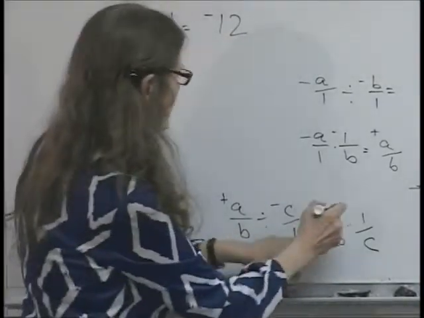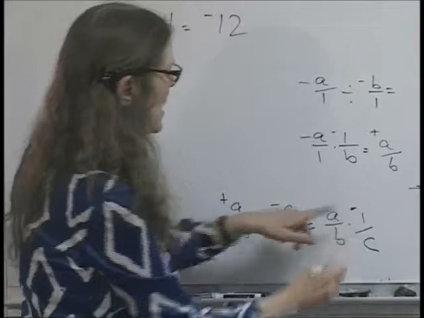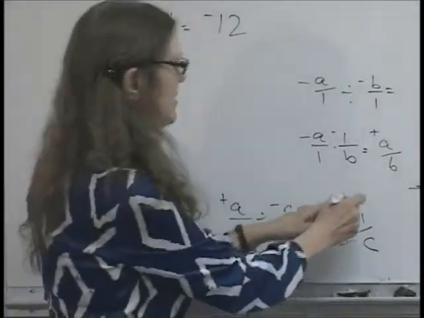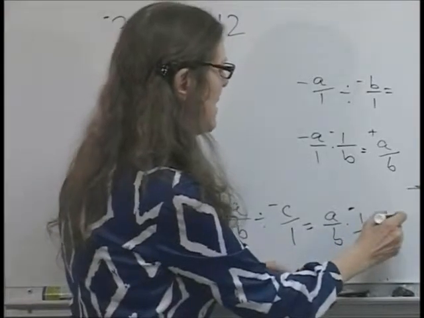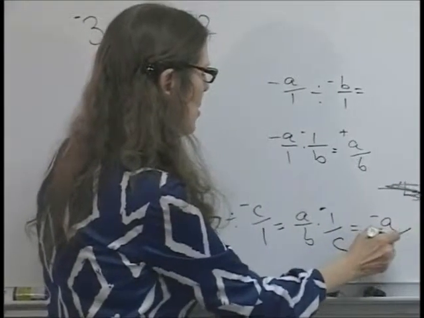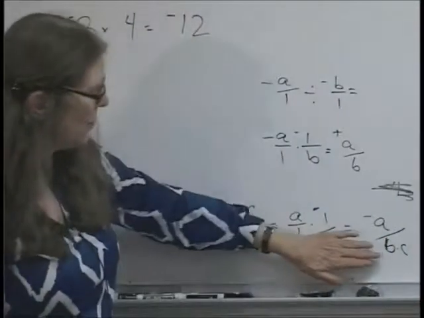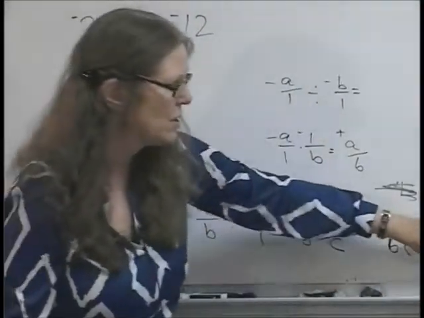So this is a over b times negative 1 over c. It's still a negative number. A positive times a negative is a negative, a over b times c. A times 1 is just a. So this is a way of expressing the answer to this.